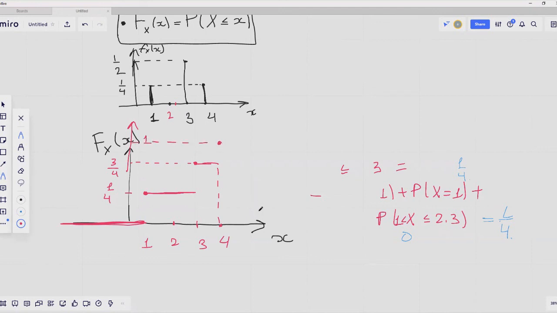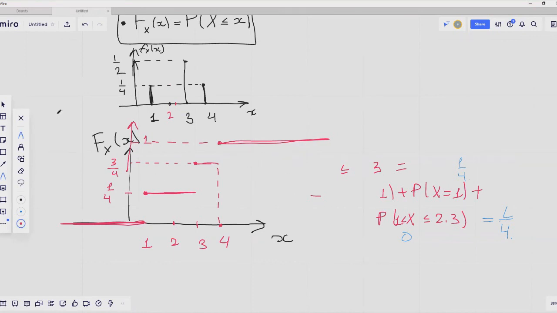Now, if we take a closer look, we can notice that our function is going to remain constant up until plus infinity. For all values greater than or equal to 4, the value of our CDF is going to be equal to 1.